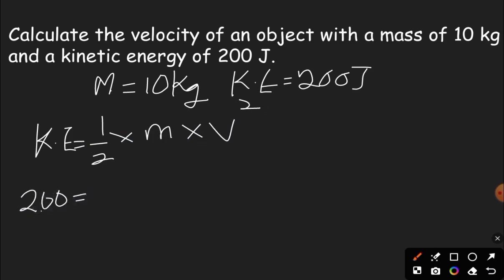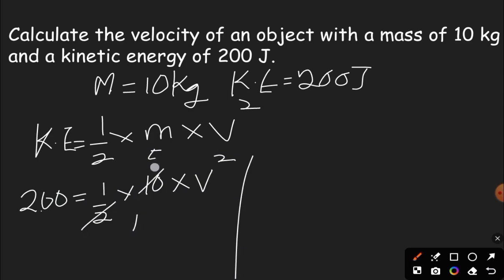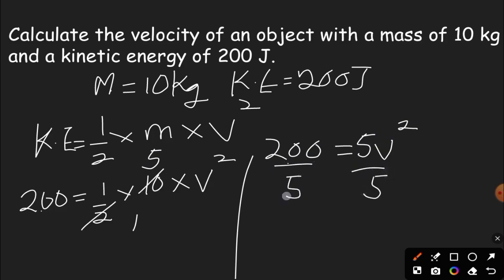So 200 equals half multiplied by your mass times your velocity squared. So what can we do? 2 cancels this 10, 5 times. So you have 200 equals 5 v squared. So 200 divided by 5, because we divide both sides by 5, is 40. So 40 equals v squared.